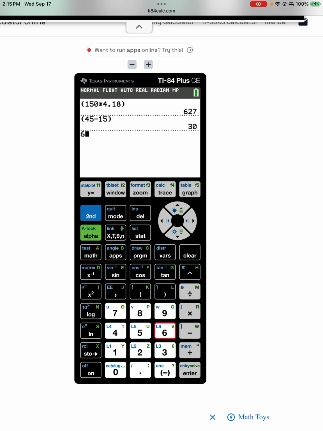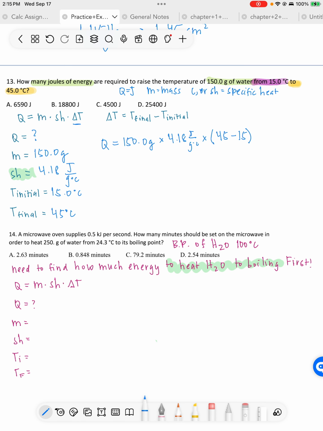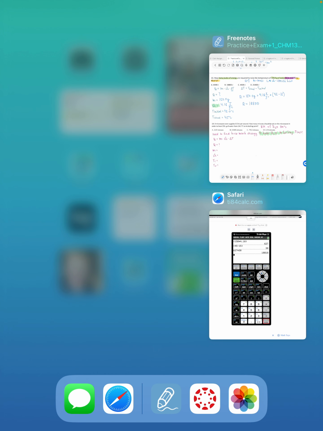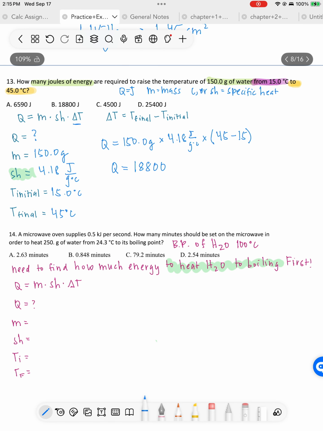So I'm going to do 627 times that change in temperature. And I'm going to get that big number. So our Q equals that big number, 18810.